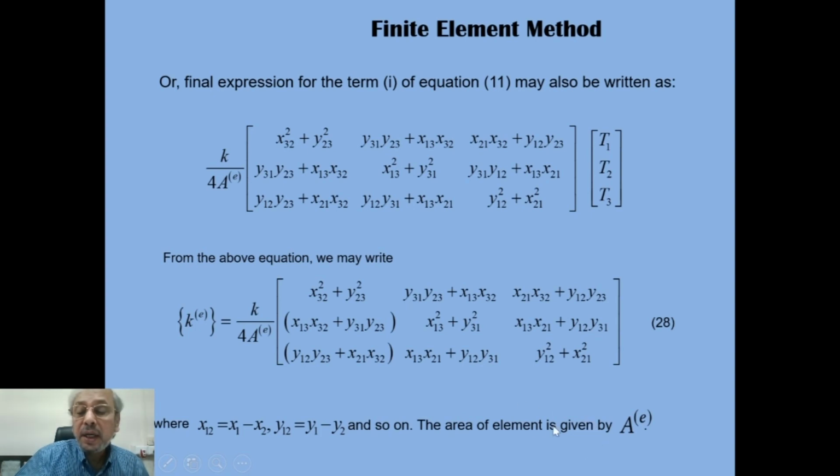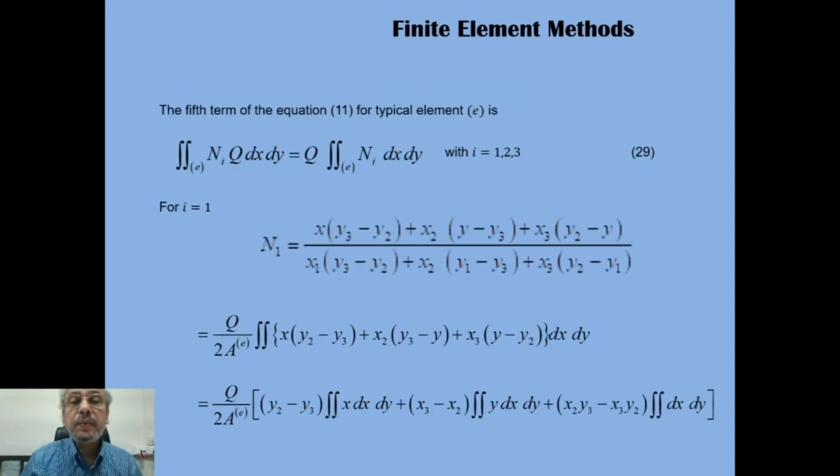And the area of the element is given by AE. So this is the KE matrix, 3 by 3, multiplied by the column vector T1, T2, T3, which is basically the final outcome of the integration of the first term of equation 1.